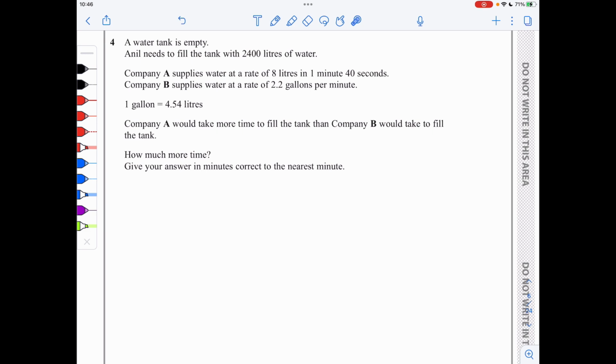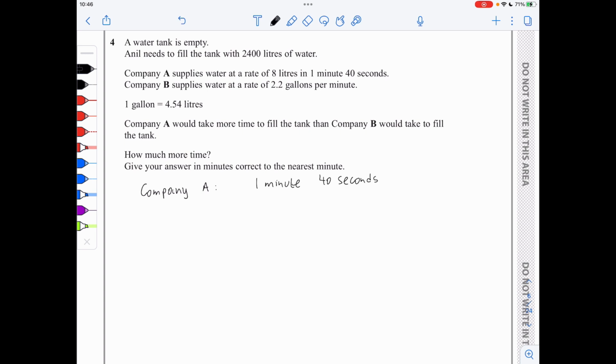In question 4, we've got a water tank that is empty and can hold 2,400 liters of water. Company A supplies water at 8 liters in 1 minute and 40 seconds, and Company B at a rate of 2.2 gallons per minute. Now, Company A will take more time than Company B to fill this tank, and we need to find how much more time that will be. Starting with Company A, 1 minute and 40 seconds is simply 100 seconds.